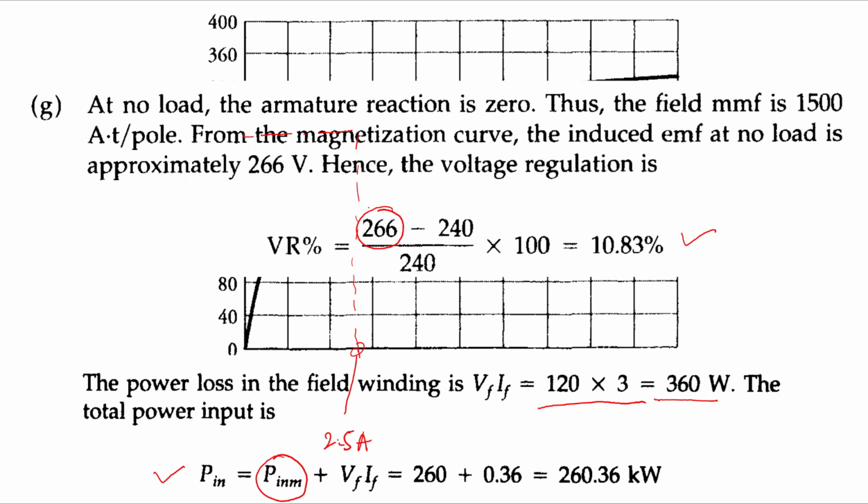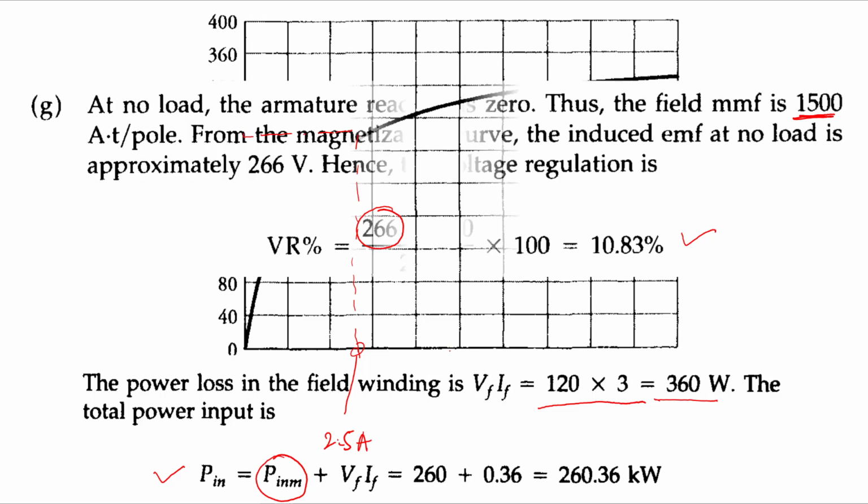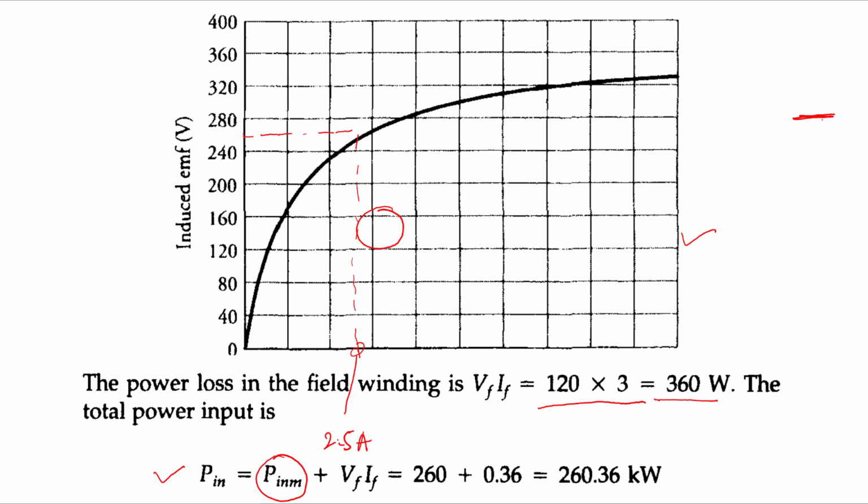Because field MMF is 1500, so total net field MMF is 1500, and from the magnetization curve you can find the no load voltage. So for 1500, 3 ampere only you have to find.